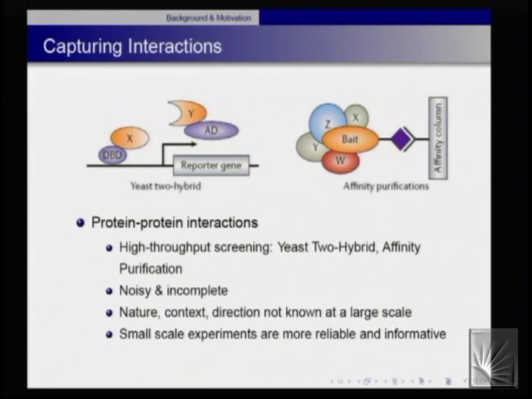If you want to do it at a large scale, we have some experimental techniques such as yeast-2 hybrid and affinity purification, which really tells us which proteins are likely to bind to each other in some particular context, but we don't know much about the nature of that interaction. We don't know much about the direction of that interaction. We just know that those proteins might be somehow associated physically.